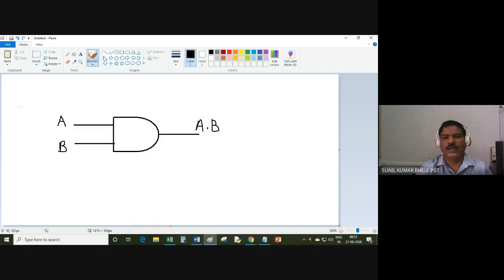So draw this diagram in your notebook. This is the symbol of AND gate. So if all the inputs are equal to 1, then only the output will be 1 in this AND gate.